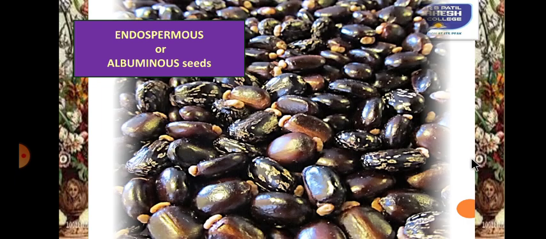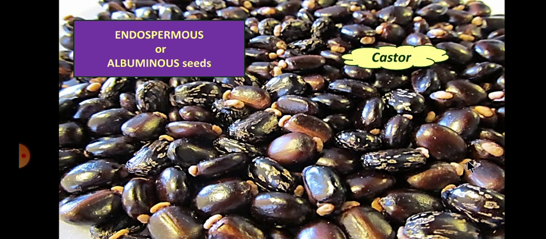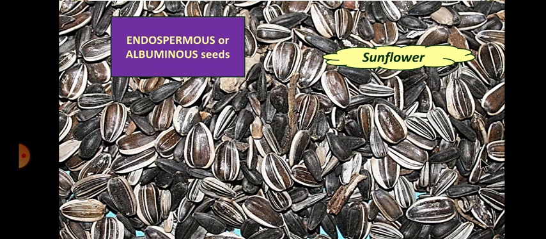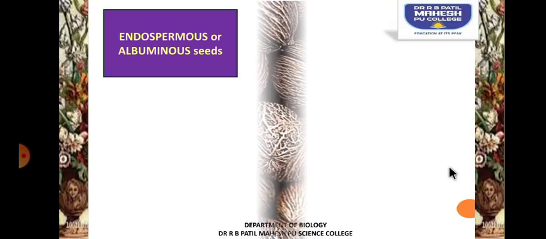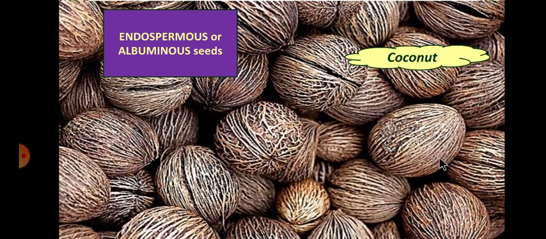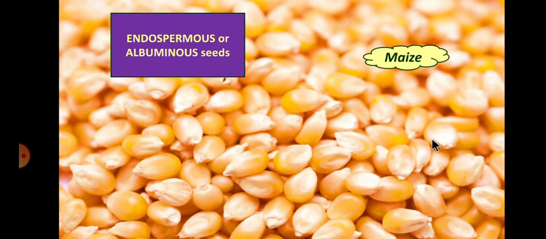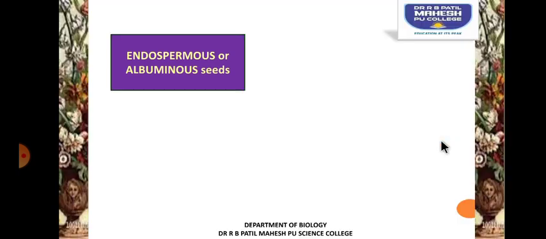Now let us take an example of an endospermic or albuminous seed of dicot: only castor. Sunflower and coconut are examples of endospermic seeds. Maize is endospermic, it belongs to the monocot category.